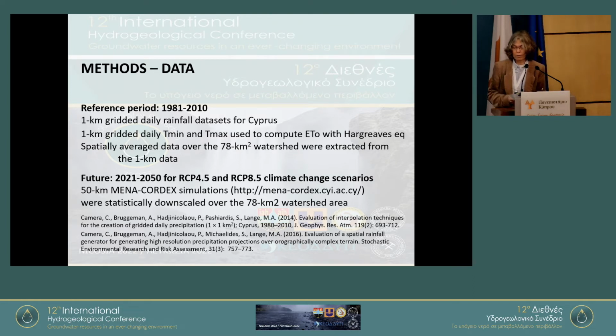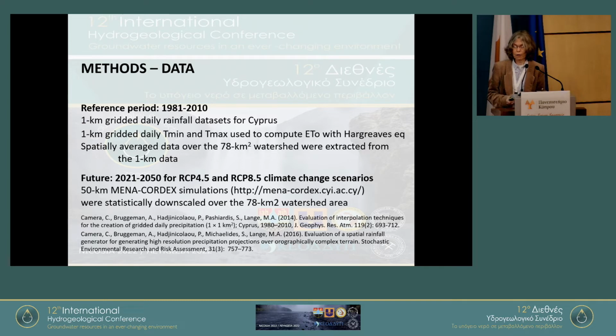We also made daily minimum and maximum temperature data sets, which we use to compute the Hargreaves reference evapotranspiration of every square kilometer over Cyprus. Then we spatially averaged the data over the whole 78 square kilometer watershed area from the gridded data. So this is the data averaged over the watershed, which we use for the downscaling and the bias correction.